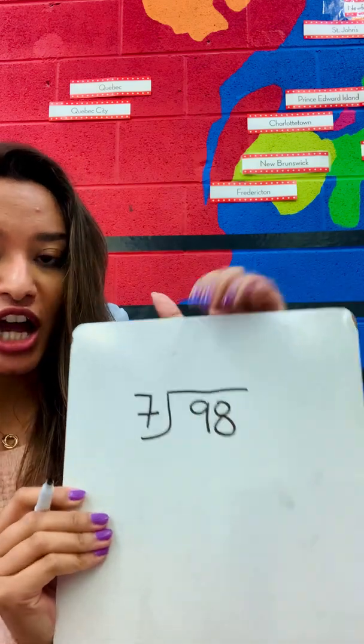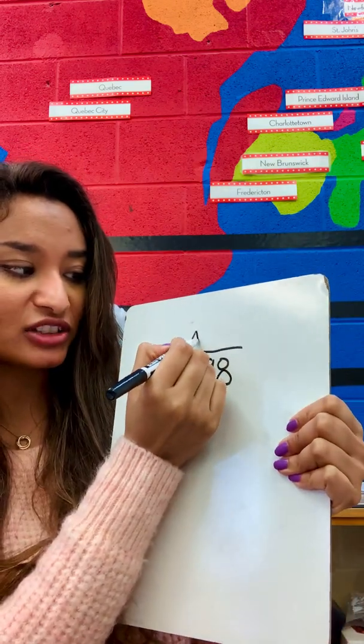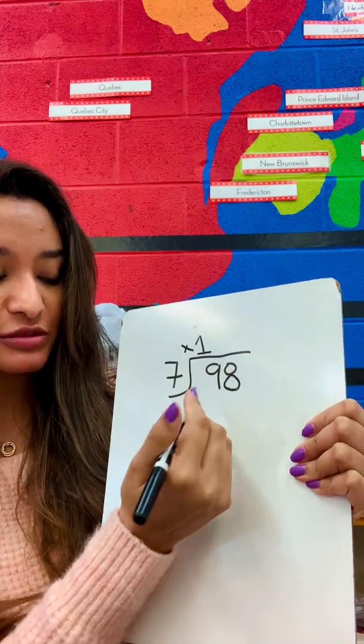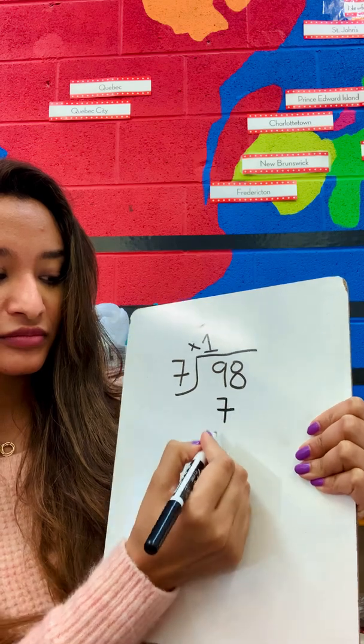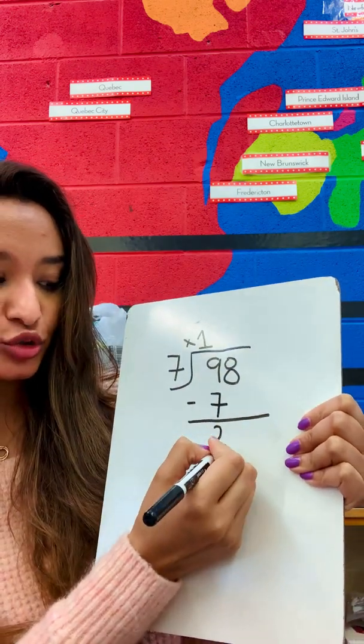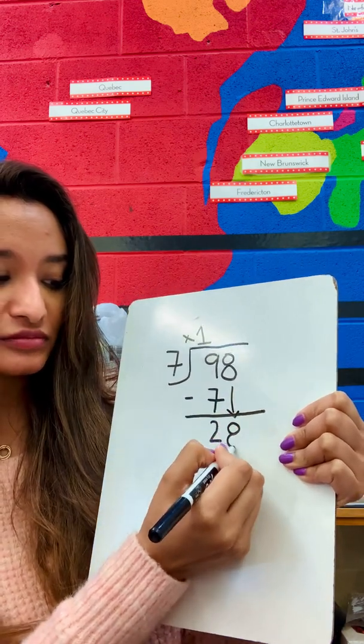Okay, so how many 7s can fit into a 9? Only 1 7, right? Then I go ahead and multiply. 1 times 7 gives me 7. Then I subtract. I'm left with 2. I bring this 8 down.